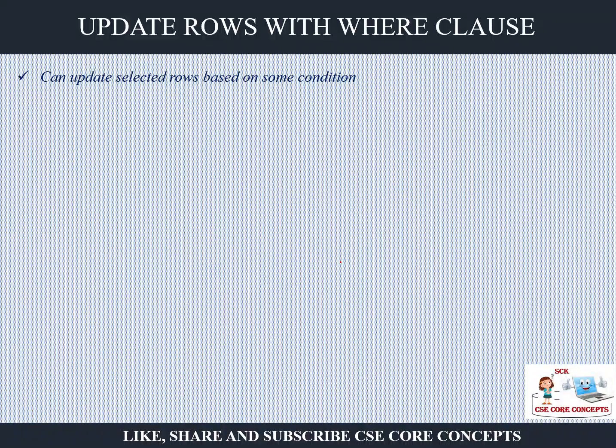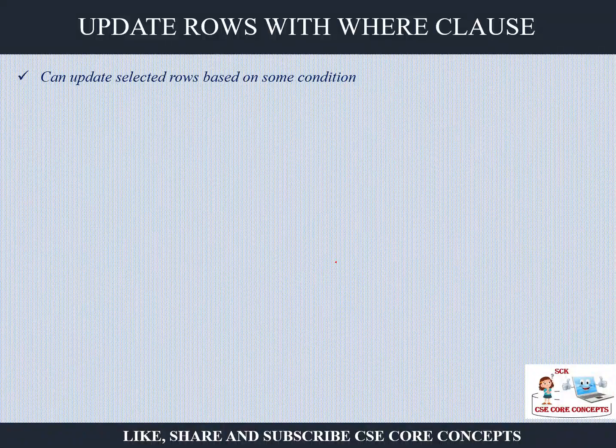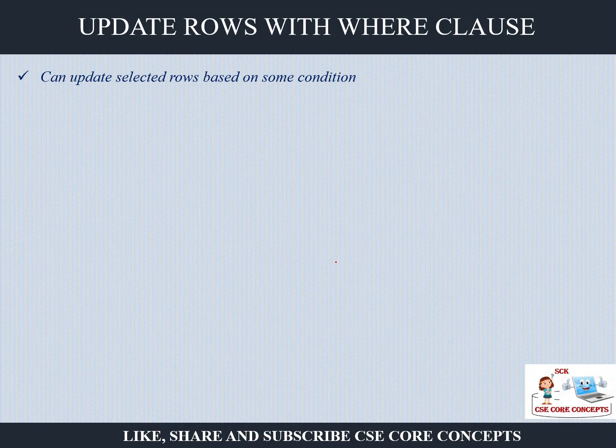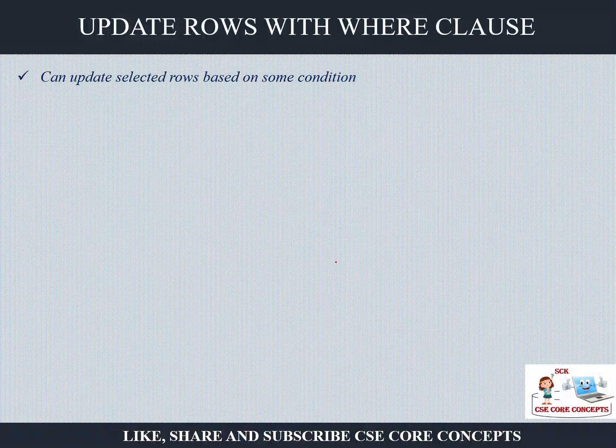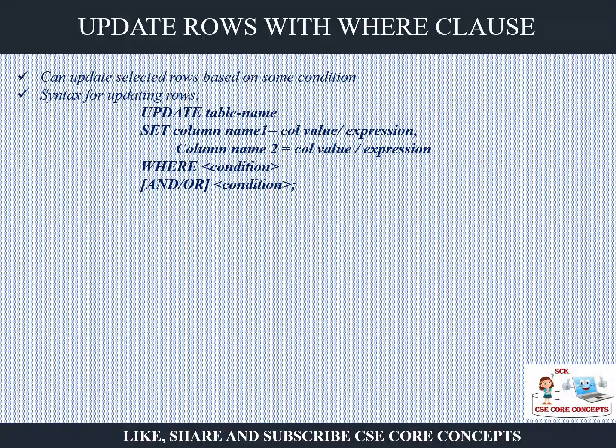Now you may not want to give the 100 rupees bonus to everyone. You want to give it to a few people only, under some criteria. If you want to give some criteria, you have to use the where clause. The where clause is used to specify on what condition you want to execute this query. Let's first see the syntax.